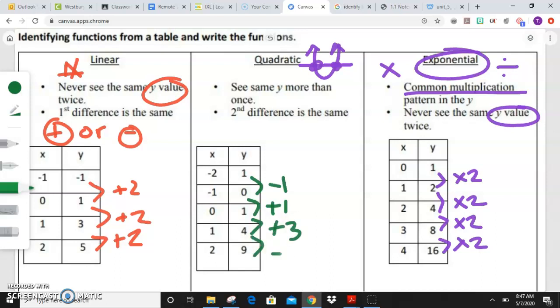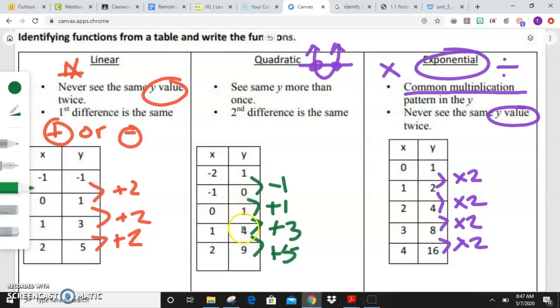And from 4 to 9, that's a +5. So this is clearly not linear because we are not adding or subtracting by the same numbers. Also, if I tried to decide what could be multiplied, well, 1 times 0 would be 0, but then 0 times nothing would give us 1.